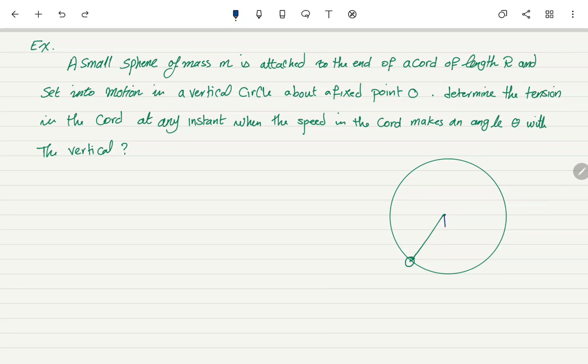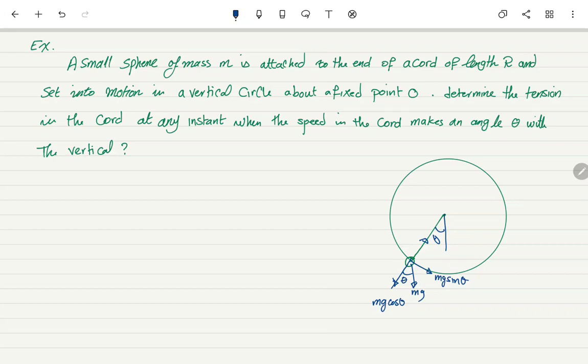If this is theta here, this is theta. The forces we have are tension right here, and weight. If this is theta, this will be theta as well. After analyzing the weight, we get mg cosine theta this way, and mg sine theta.